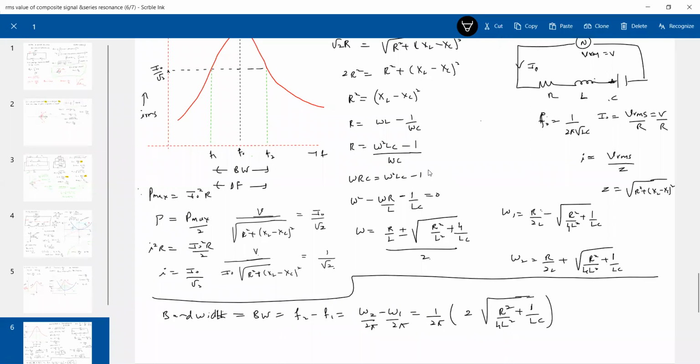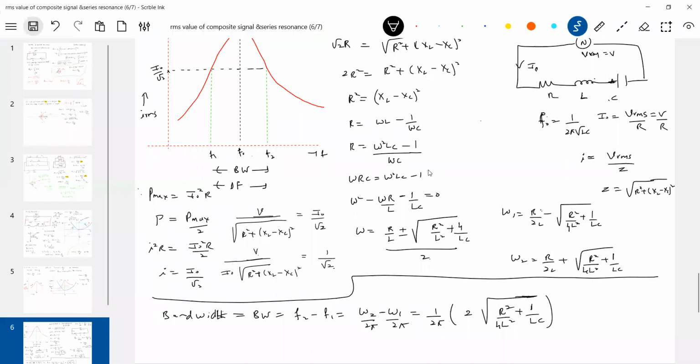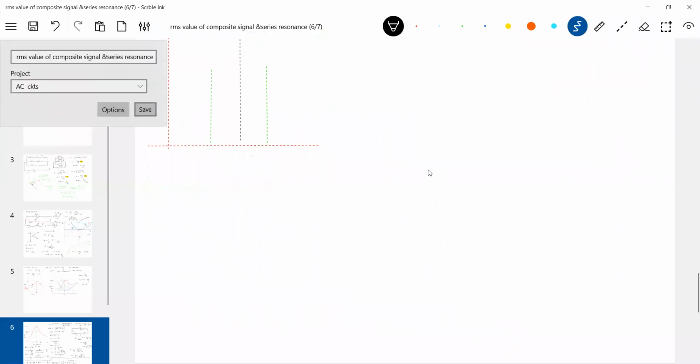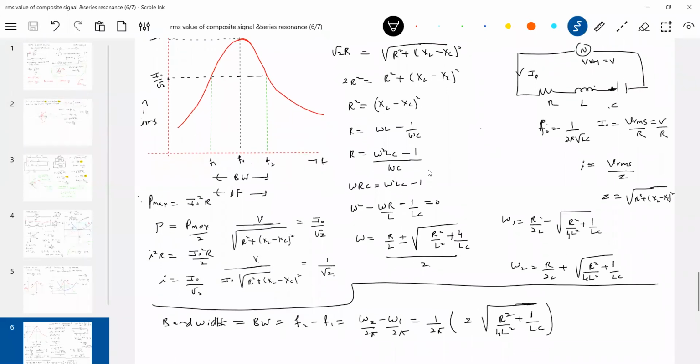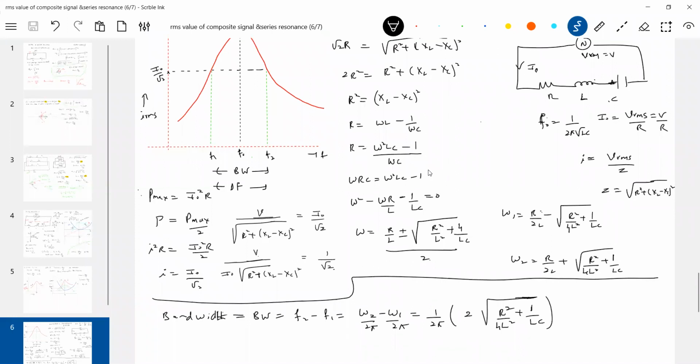Sir, omega 1 is negative. Why negative? R by 2L minus under root R square by 4L square. Inside the under root, we have the first term squared plus something else, so the second term will be greater than the first term.